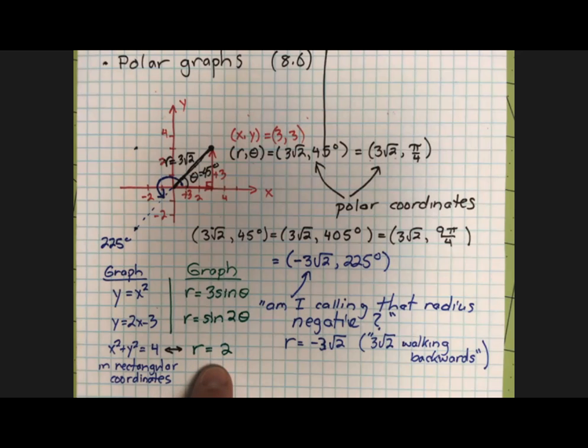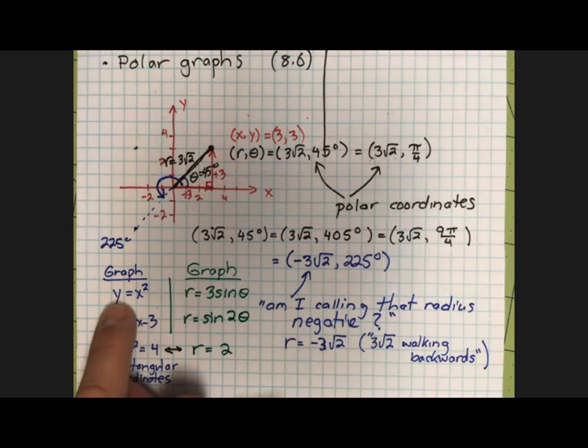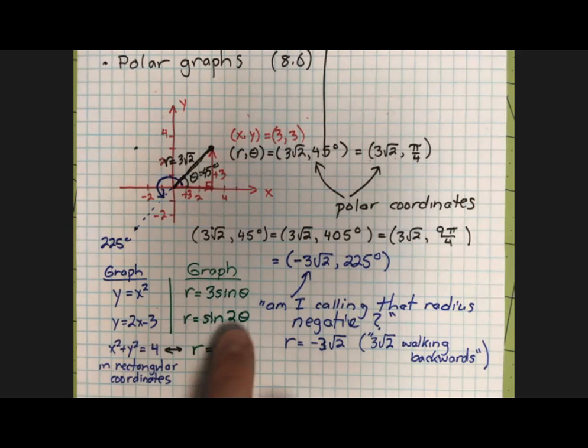Let's look at these 3 graphs on a single piece of graph paper. And I'm going to graph these things just like I graph in x and y. When I graph in rectangular coordinates, I have to create pairs x and y. When I graph in polar coordinates, I have to create pairs r and theta.